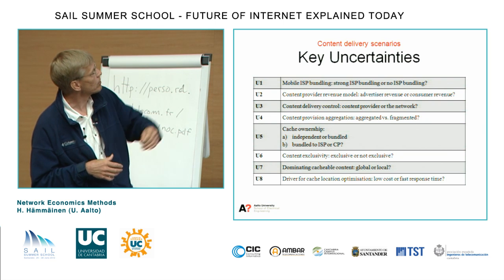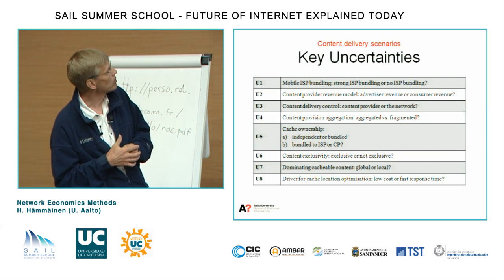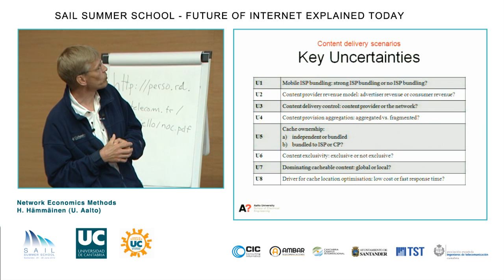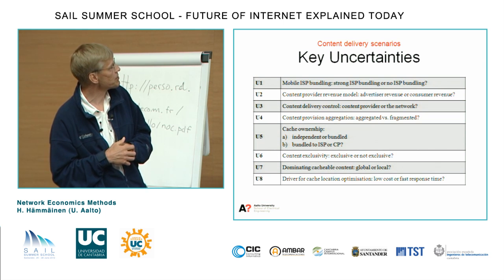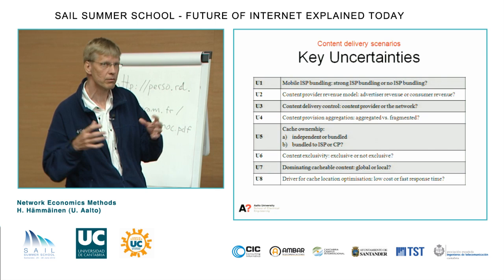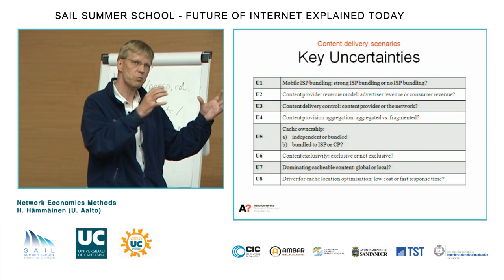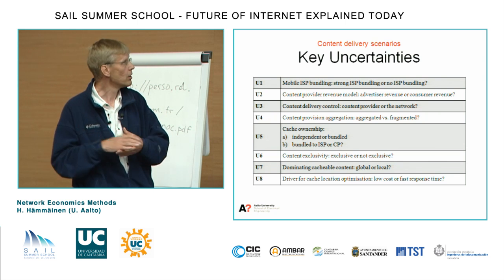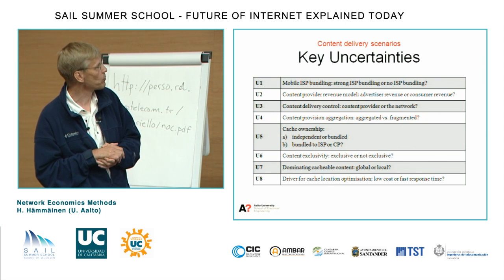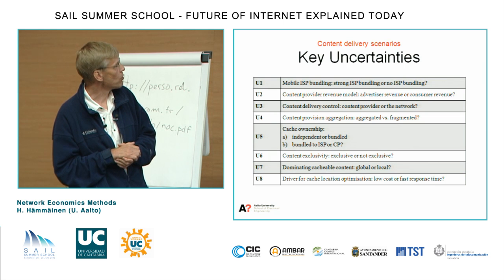Then there are others. Content delivery control. Is it the content provider or the network side? Content provision aggregation. Is the world going towards more aggregation, big aggregators, or is it going back to more fragmentation? Cache ownership.